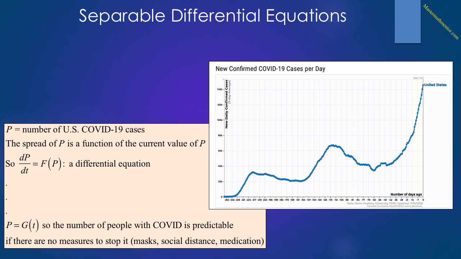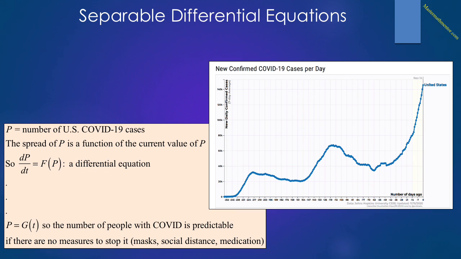So the value of P in the future is a function of the current value of P. The more people who have the virus, the faster it will spread. So dP/dt is equal to some function f of P, which is a differential equation.